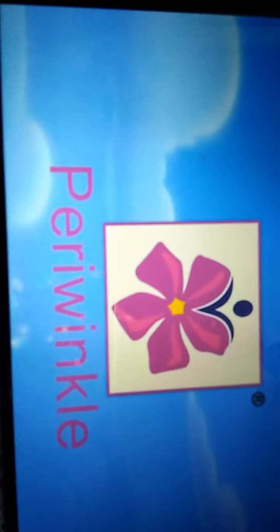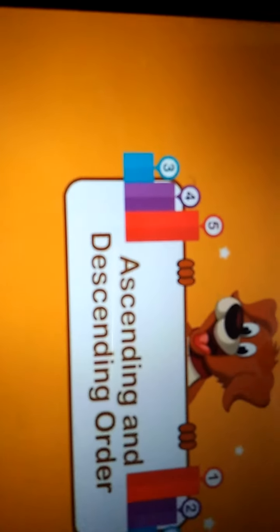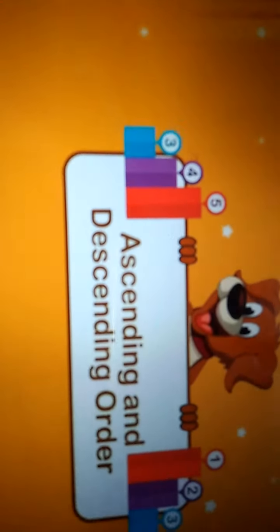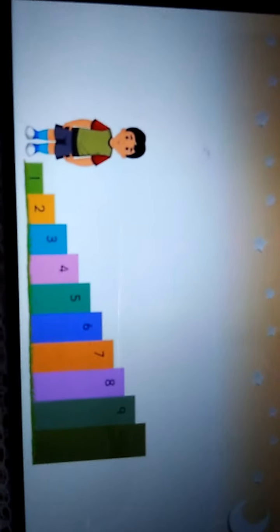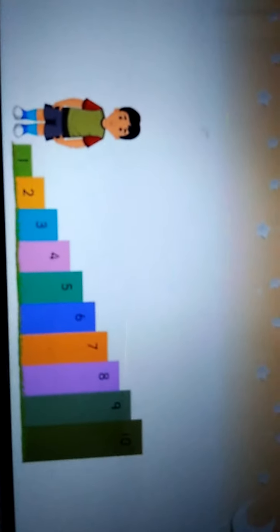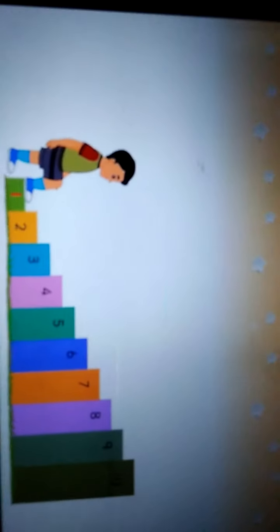So here, children, there is one more video for you to understand what is ascending and descending order. Let's meet Rahul. Can you see there are some steps here? And all the steps are numbered from 1 till 10.